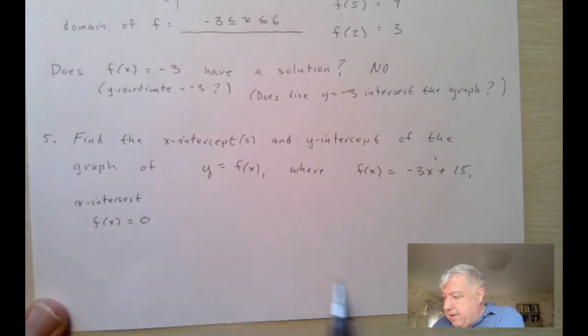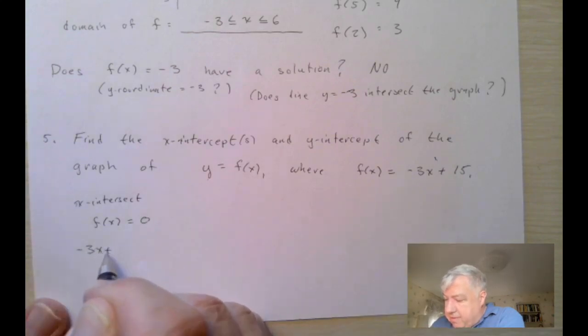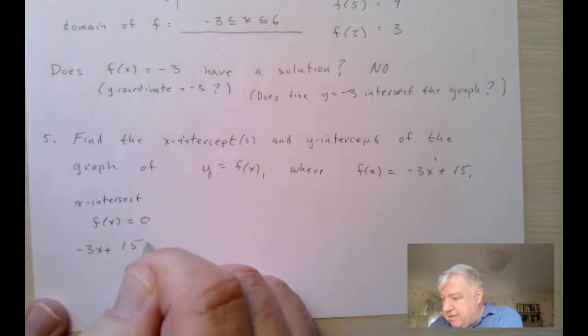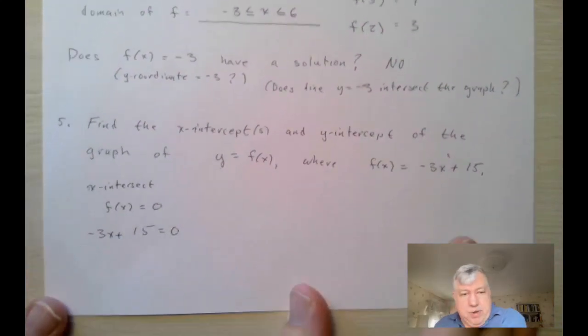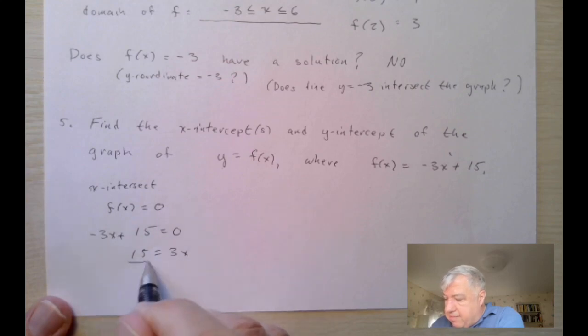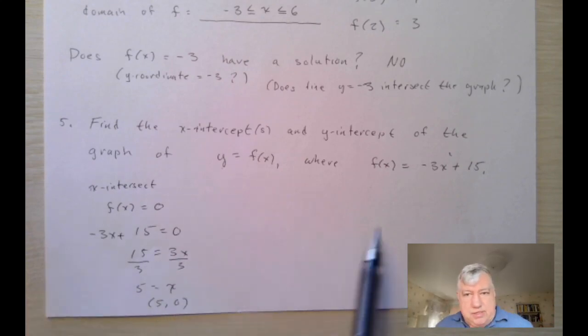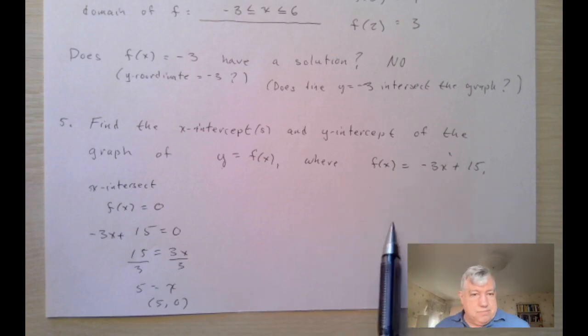And f of x is minus 3x plus 15. We can add 3x to both sides, divide by 3, and we get 5 equals x. So the x-intercept would be (5, 0), and you can check that if you plug in x equals 5, you get 0.